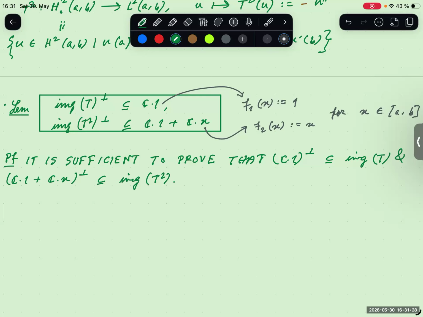So suppose h1 is in C1 perpendicular, and h2 is in C1 plus Cx perpendicular.